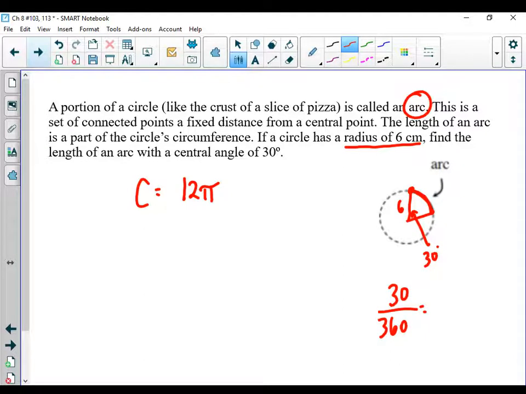So 30 degrees out of 360 means I have a 12th of the circle. So I'm going to take this 12 pi and divide it by 12. So that tells me that that arc length is really pi centimeters long, or 3.14 centimeters long. So that would be an example of an arc length problem.